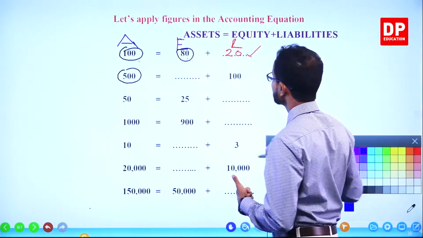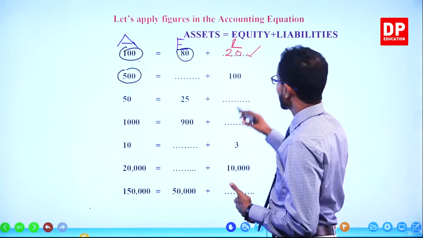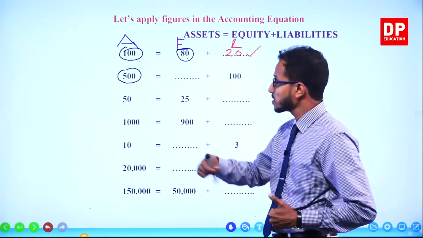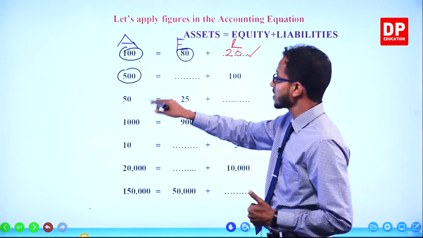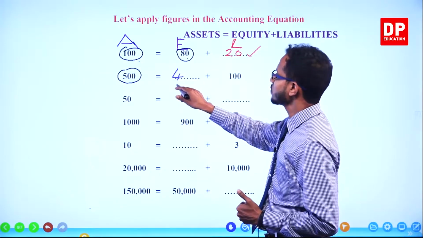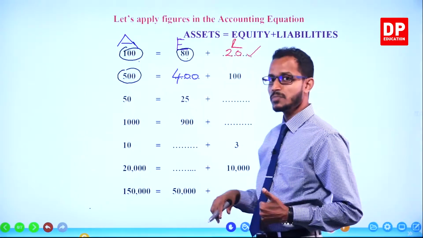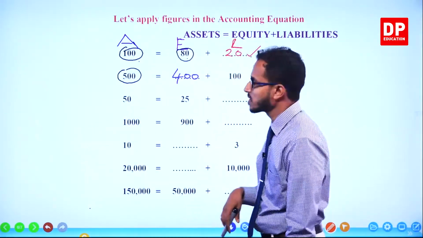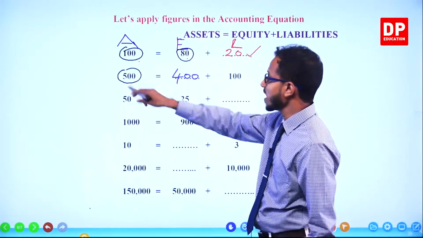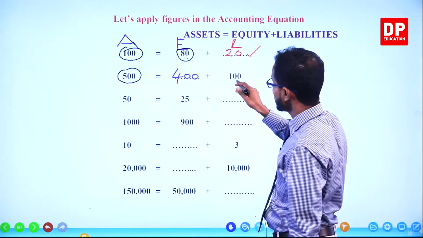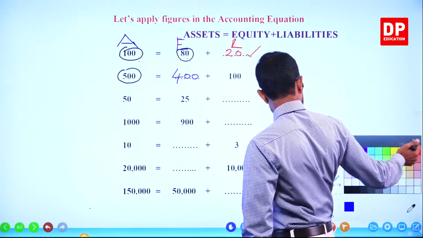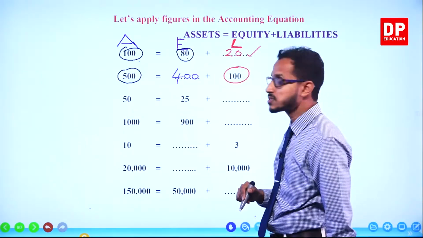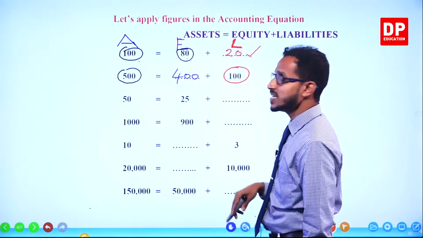If liabilities are 100, only 100 worth of assets or resources are borrowed, but total assets are 500, so 400 must have been invested by the owner. 500 of assets are there. Out of that 500, 100 of assets have been borrowed, which are liabilities. That means the remaining 400 is the equity.